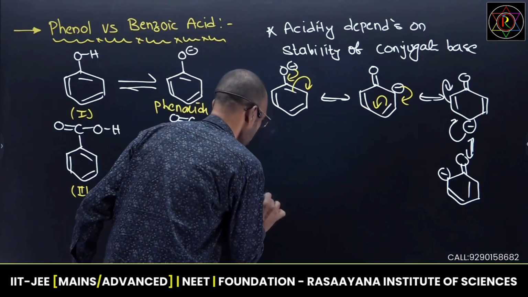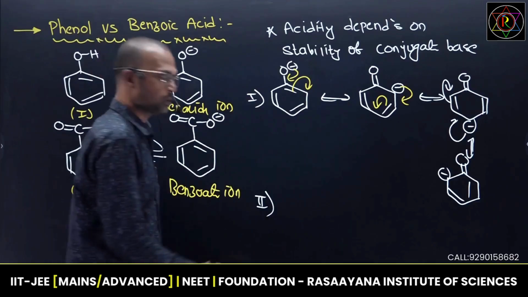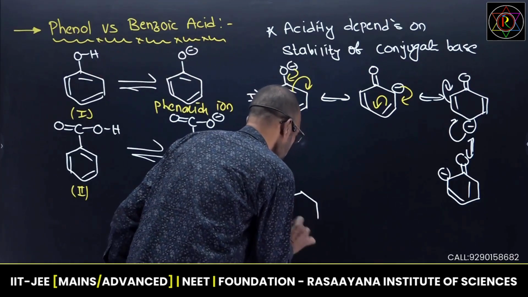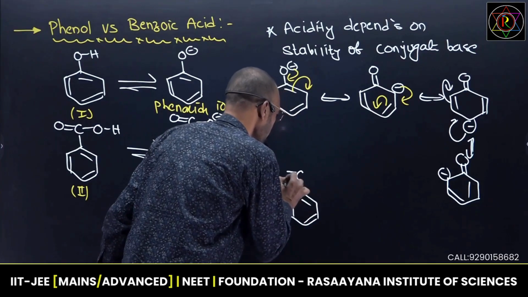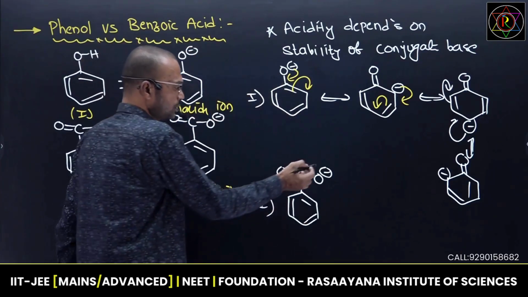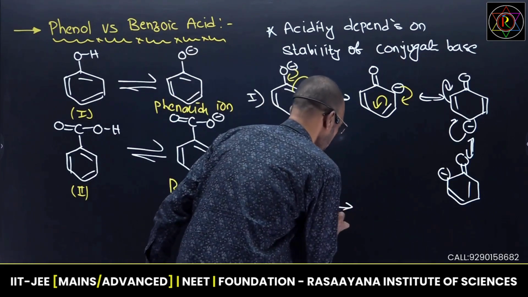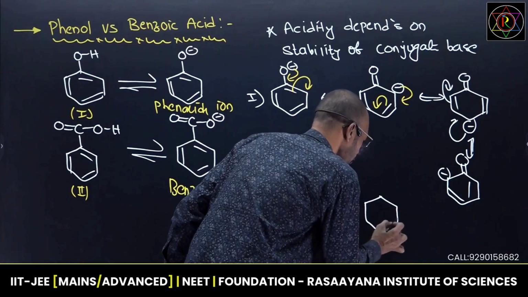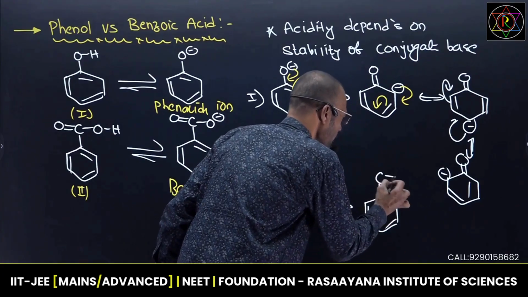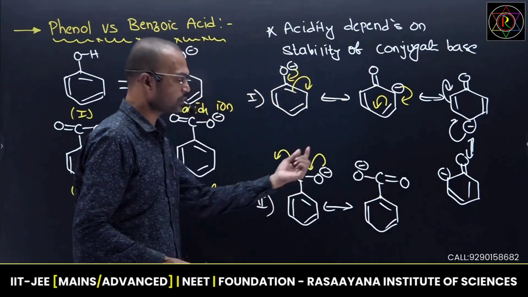Now see, these are the resonating structures of benzoic acid, which is responsible to give benzoate ion. In the case of benzoate ion, C double bond O minus will come. This C double bond O minus, this negative charge will migrate here and this will be transferred here. Okay. Now you may expect only two resonating structures over here. This is C double bond O and this is O minus. So it may be delocalized right to left, left to right like this.